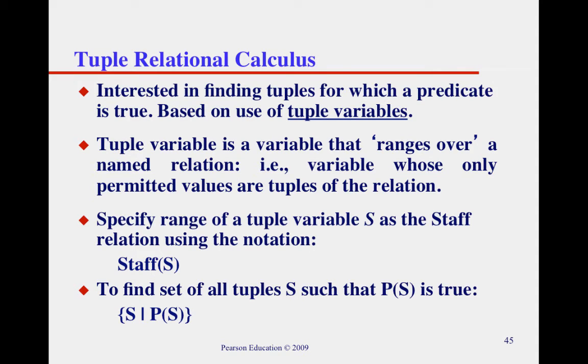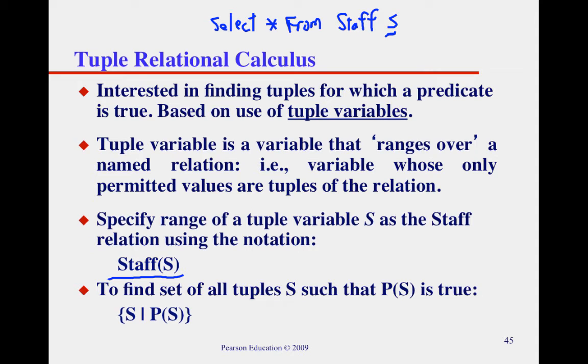Just you figure out whether it's true or false. Okay, so in the tuple calculus, we call our variables tuple variables. And we specify them this way. So we're saying that the tuple variable S ranges over the tuples in the relation staff. When you say select star from staff S, you're in effect saying S is a tuple variable that ranges over the values of staff.